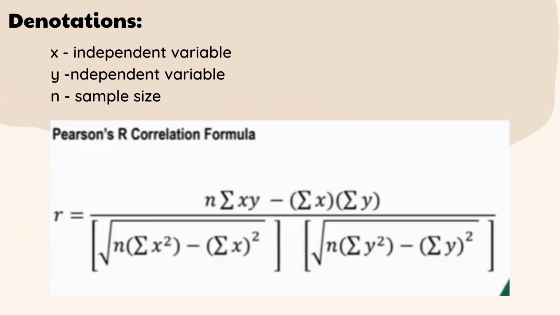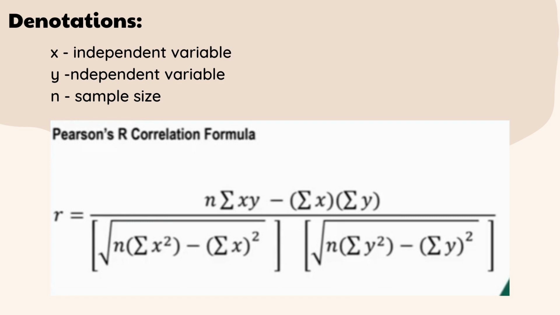Ito naman ang denotation. X is for independent variable, Y ay para sa dependent variable, at ang N ay para sa sample size. At ito, ang Pearson's R correlation formula.